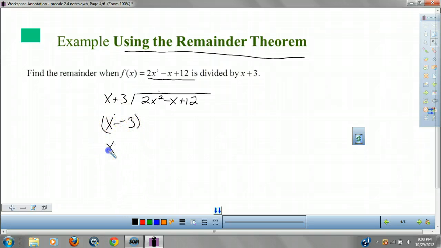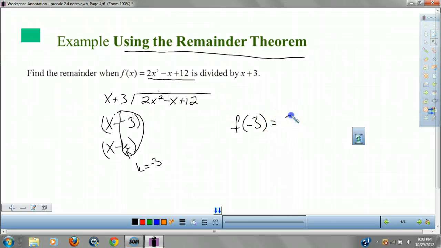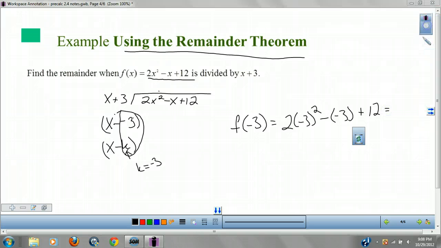Because we always have to have it in that x minus k form. And that's going to come up with synthetic division too. So what I could do is divide this out, find my remainder, and be done with it. But an easier way is to take f of negative 3, which is our k. Okay, because we said k equals negative 3 up here. So f of negative 3 is 2 times negative 3 squared minus negative 3 plus 12, which equals 33. So 33 is the remainder.